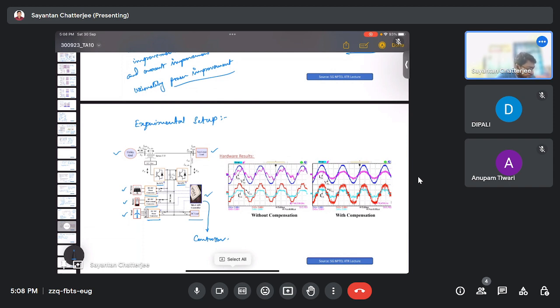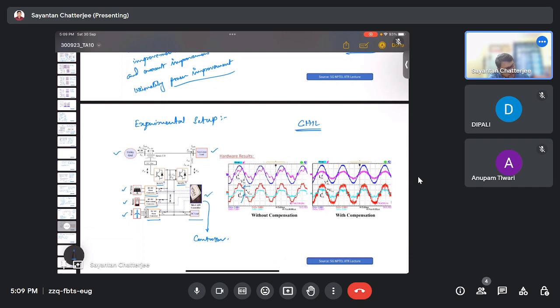If the system is without compensation, then at the receiving end the currents and voltages are imposed with some harmonics. But the requirement is sinusoidal operation. So for that, this compensation needs to be done, devised from this controller.